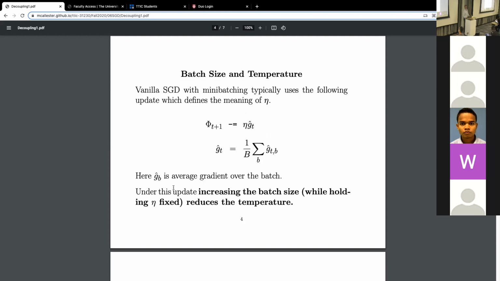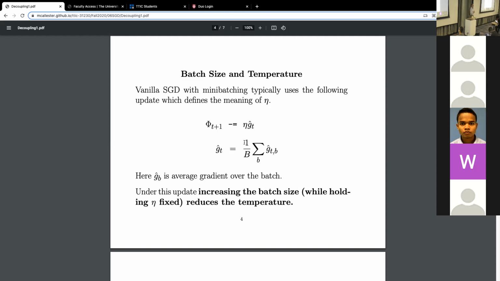Batch size and temperature. When I very first taught this course, I was shocked there was this 1 over B here, that it was taking an average. Increasing the batch size under this convention decreases the noise in the gradient. That gradient estimate gets better as you have more data points that you're averaging.